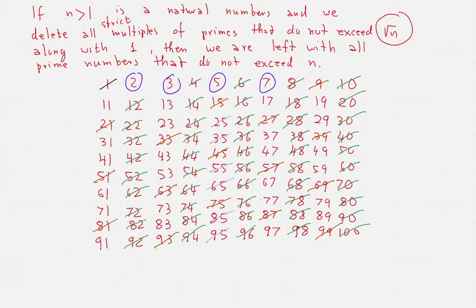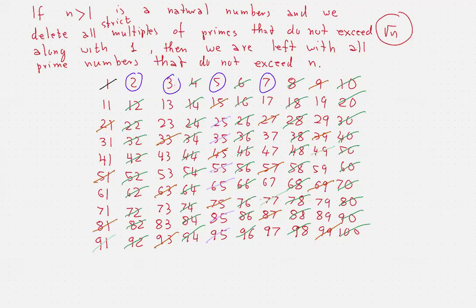The first multiple of 7 that has not been dealt with is actually 49. Then 56 has been dealt with, 63 has been dealt with, 70 has been dealt with, 77 has not been dealt with, 84 has been dealt with, 91 has not been dealt with, and 98 has been dealt with.